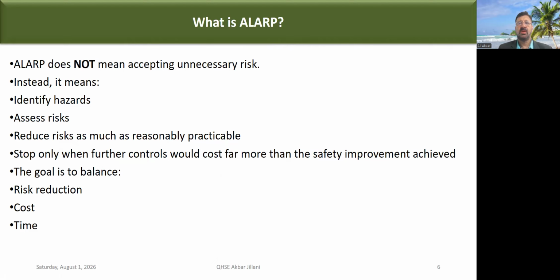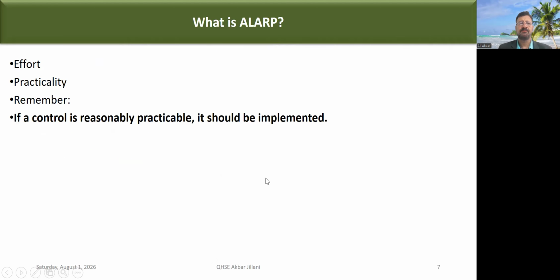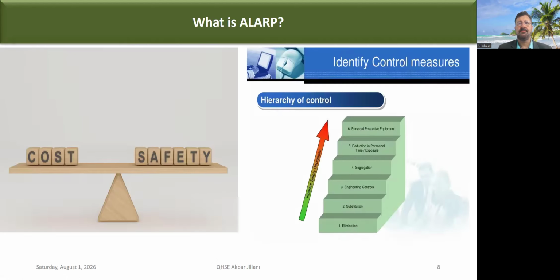Means if we have 7 million from any activity and we have to spend 5 million, then this is called reasonably practicable, ALARP. The goal is to balance risk reduction, cost and time. Now effort, practicality. Remember, if a control is reasonably practicable, it should be implemented.